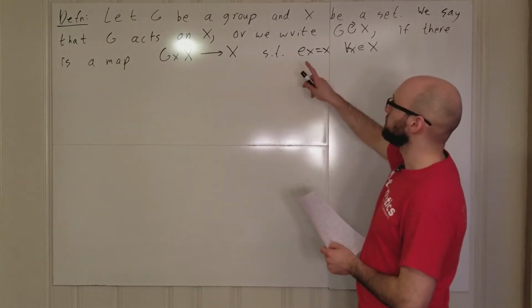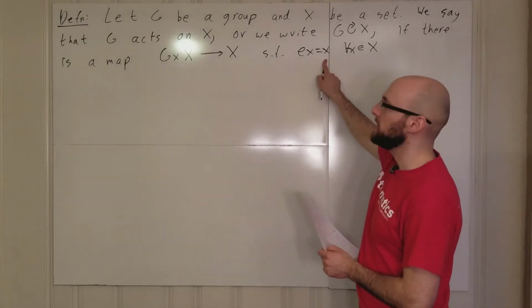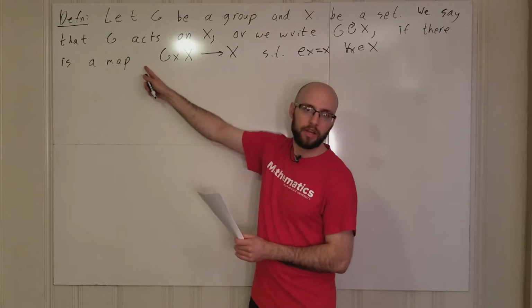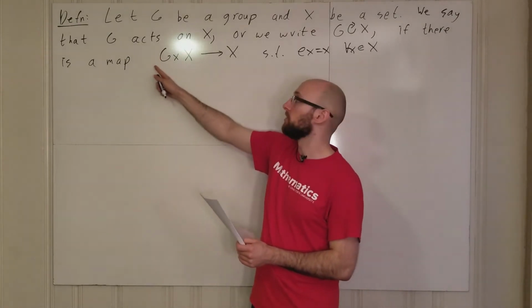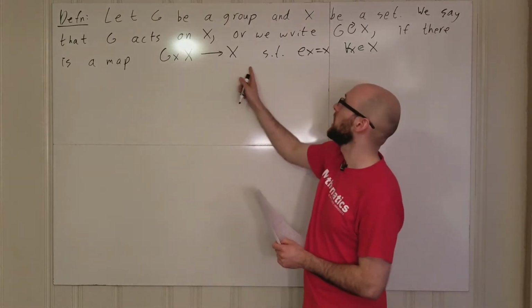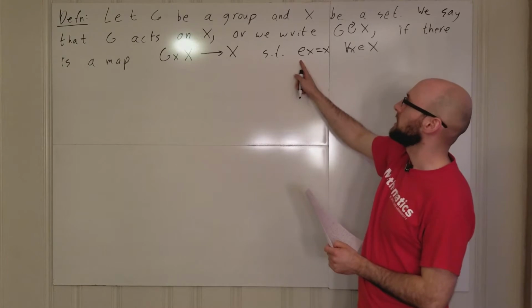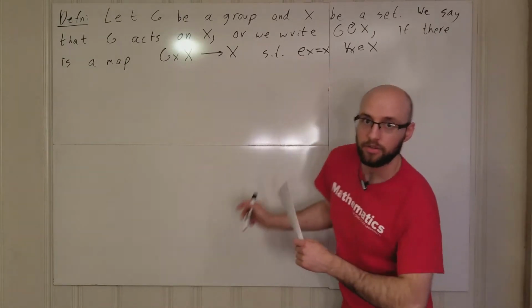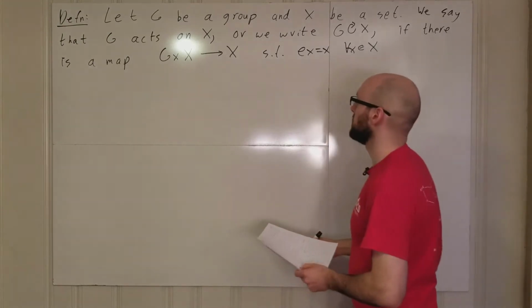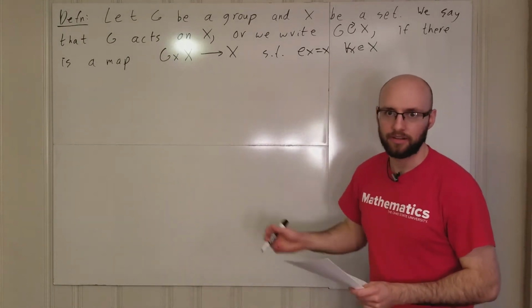So when I say ex equals x, what that really means is there is some function here, like say f, and this function f goes from G cross X to X. And then if you take f and evaluate it at e comma x, then you get x.